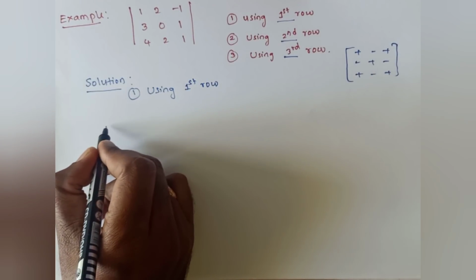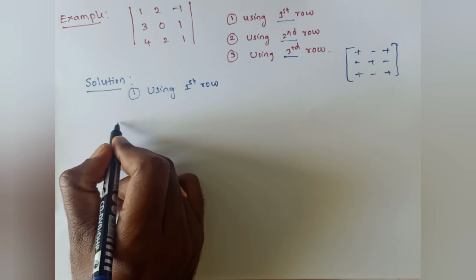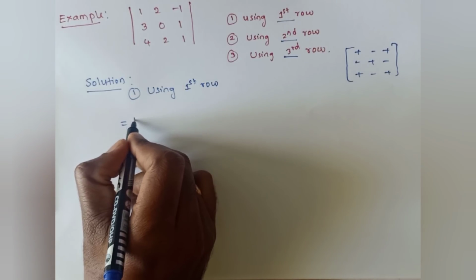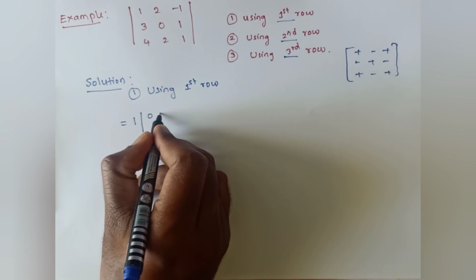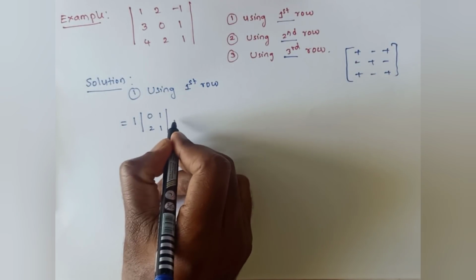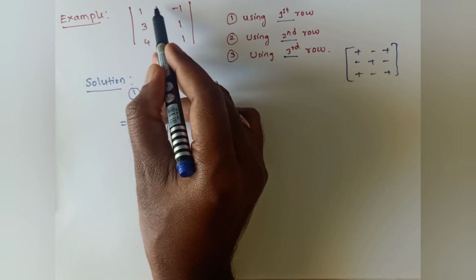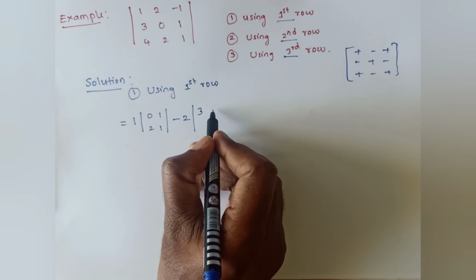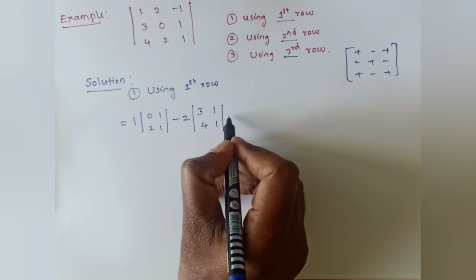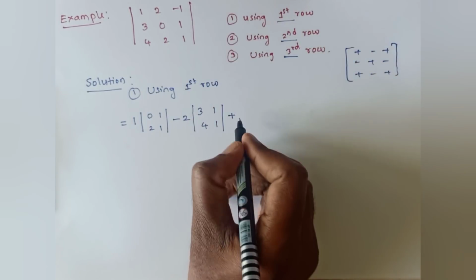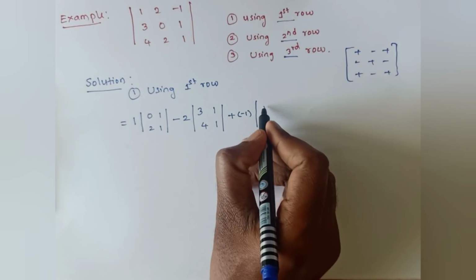So the determinant of A is equal to 1 into, since the sign is already positive, directly 0 1 2 1. Next sign is minus, 2 into, deleting this row and this column, 3 1 4 1. Next sign is positive, into the element minus 1, into 3 0 4 2.